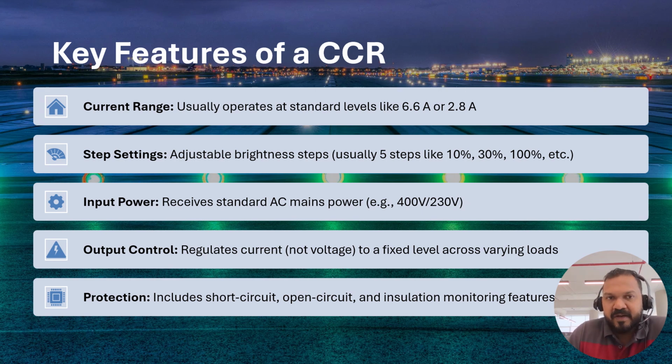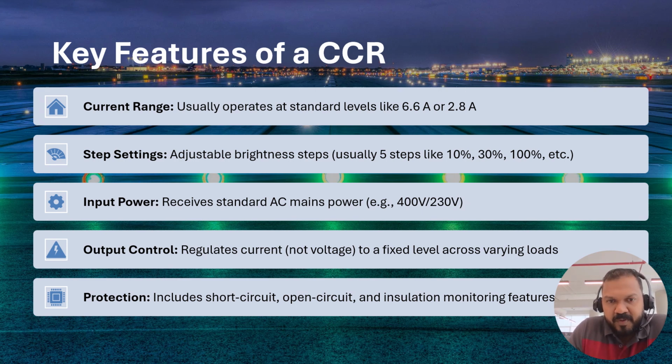This is related to the airfield ground lighting systems, and it's like a weather observation system is also involved. Based on that, 5 steps are available to control these lights: 10 percent, 30 percent, 100 percent, and additionally customized steps based on the visibility of the runway.